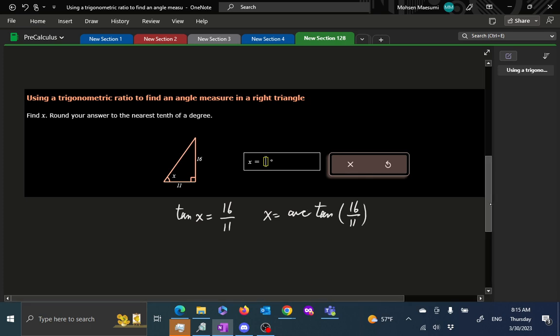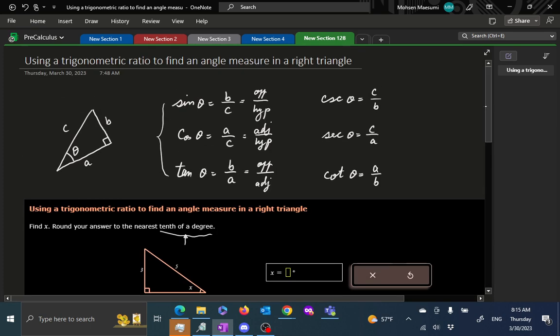Now, the name of the functions that we are going to be using, sometimes they're written as arcsine, sometimes they are written as asine, sometimes it's written as sine inverse. So all three are in use depending on the style of the book or the calculator that you have.